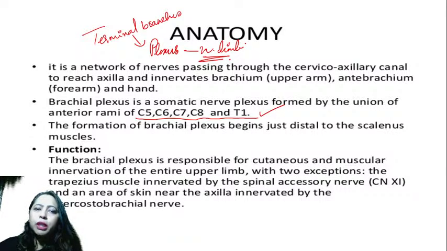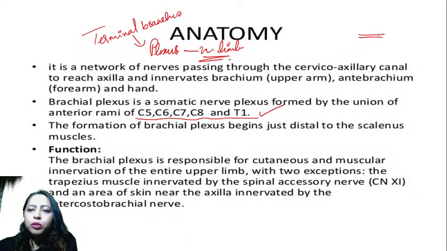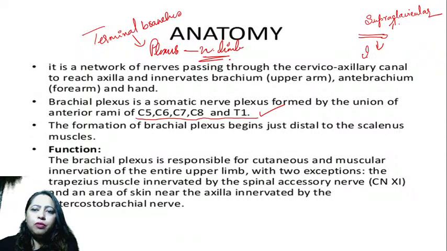These are the ones which are terminal. They are not the ones which are the branches above the clavicle. That is called supraclavicular. Below the clavicle, infraclavicular. And then you have these branches, which are called terminal.